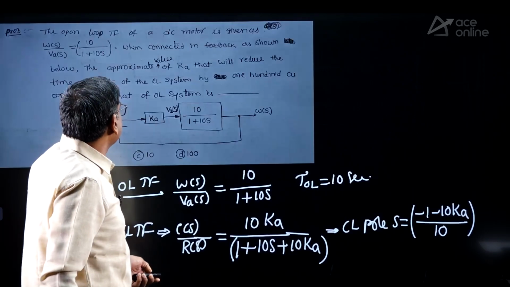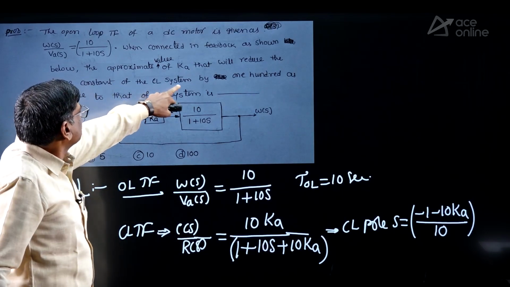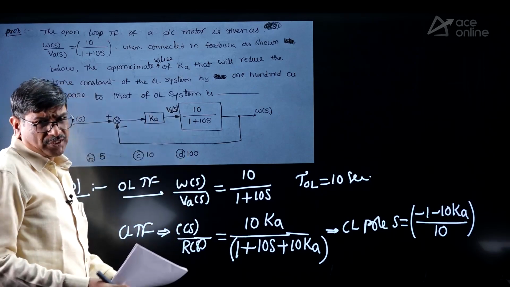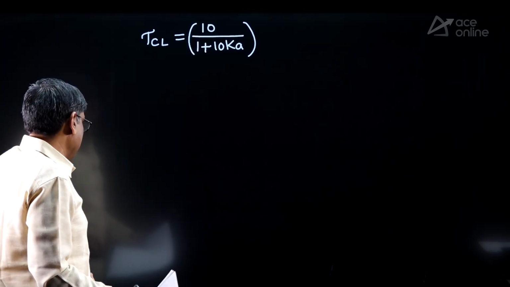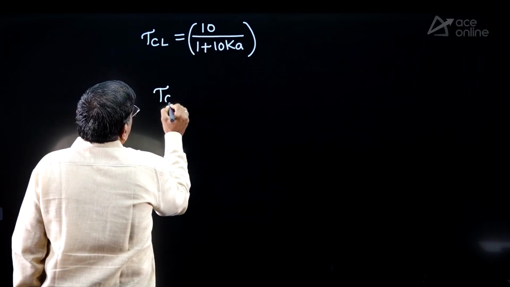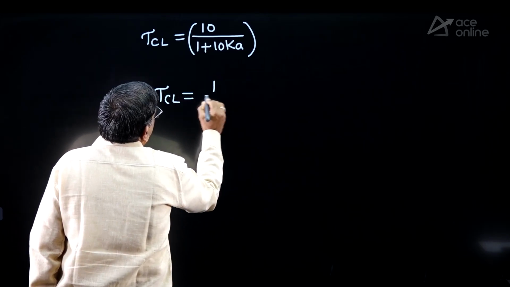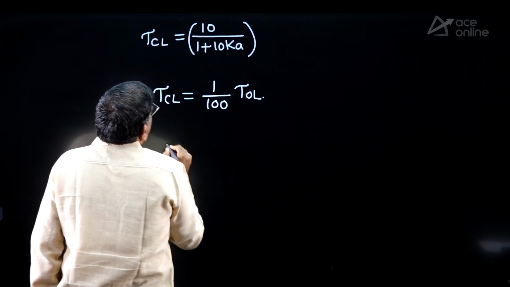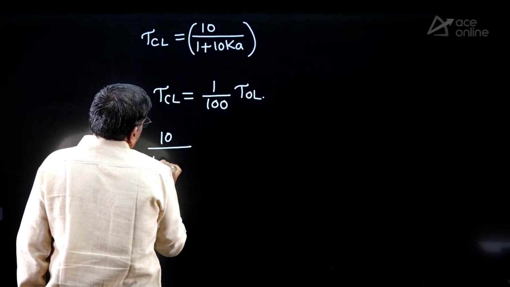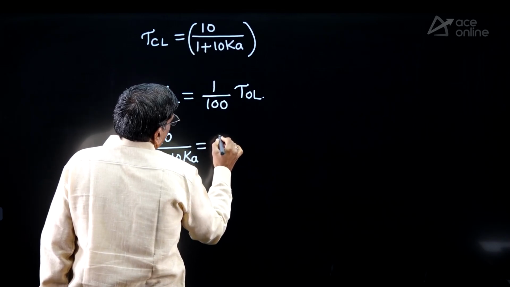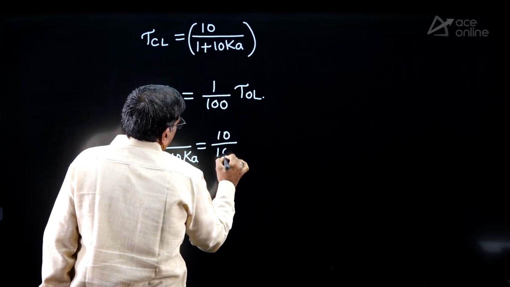Now what is the statement given? The time constant of the closed loop system is 1 by 100 of the open loop system. That means T closed loop equals 1 by 100 times T open loop. So 10 divided by 1 plus 10 Ka equals 10 divided by 100.